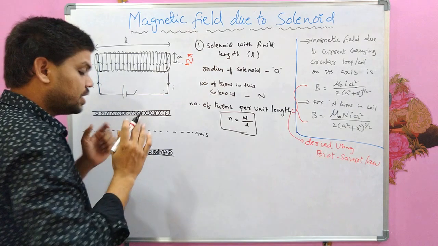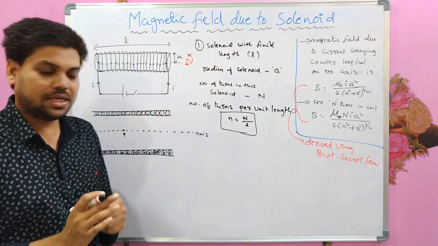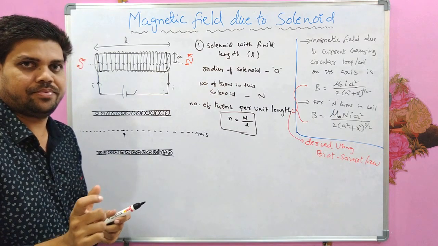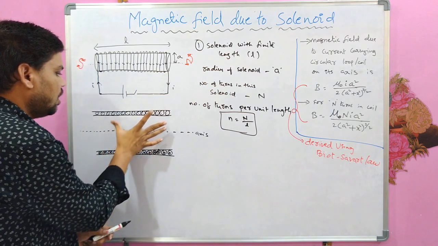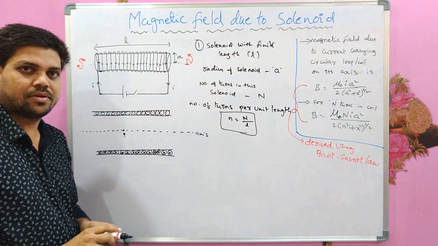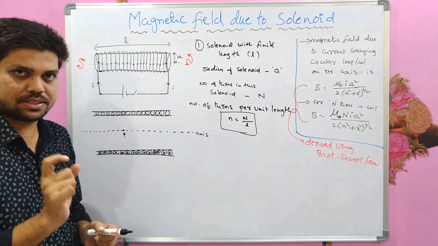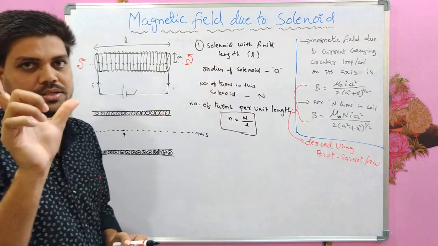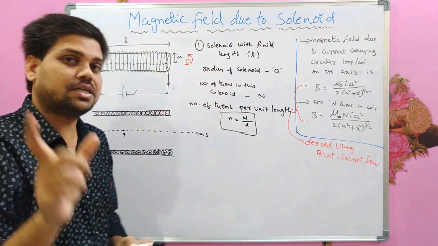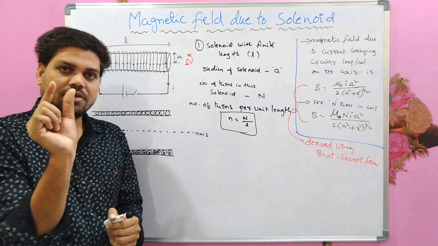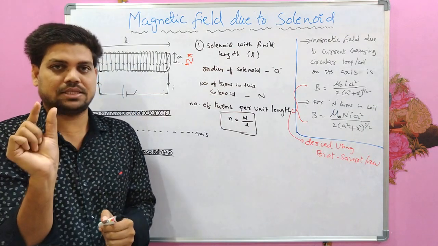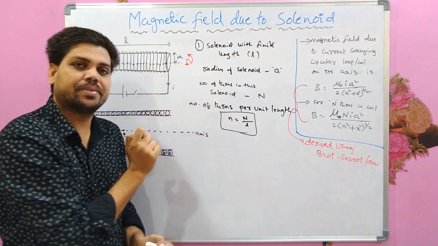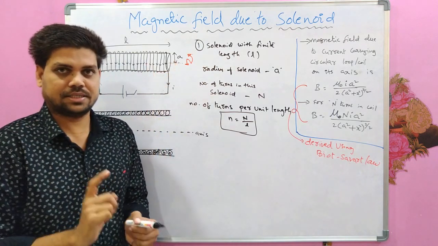Okay, so for that, I will consider a small segment, a small element of this solenoid with length dx. What is the total length of the solenoid? Here I have taken small l. Out of that small l, I will consider a small piece of solenoid whose length is dx.